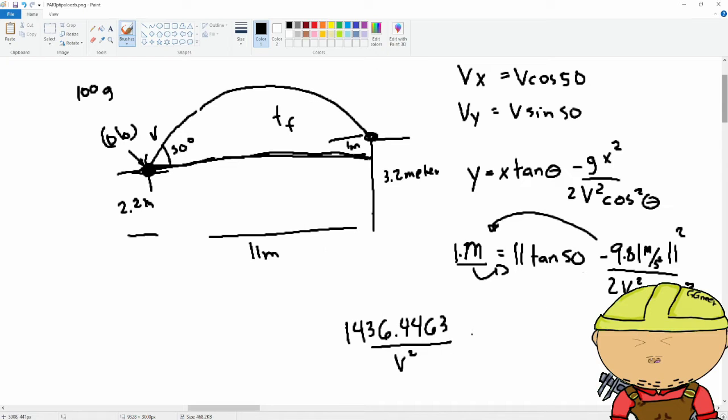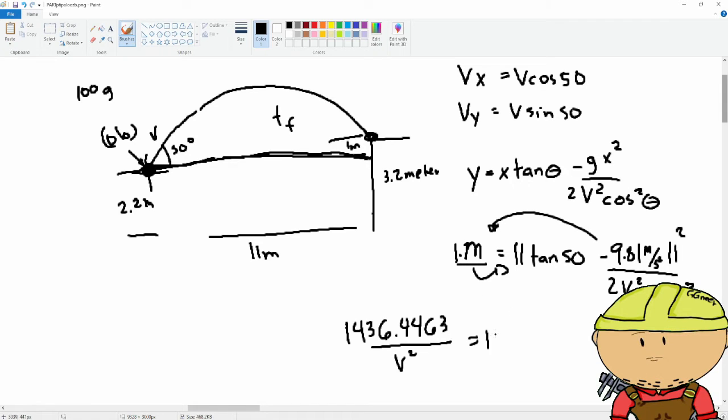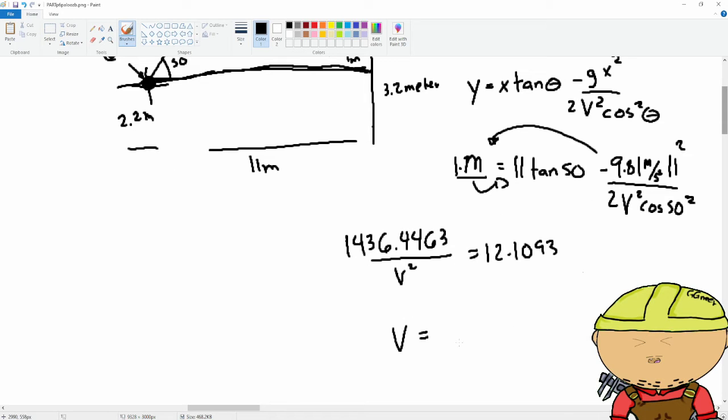This is equal to 11 tangent 50 minus 1, which is 12.1093. So V is equal to the square root of 1436.4463 divided by 12.1093.